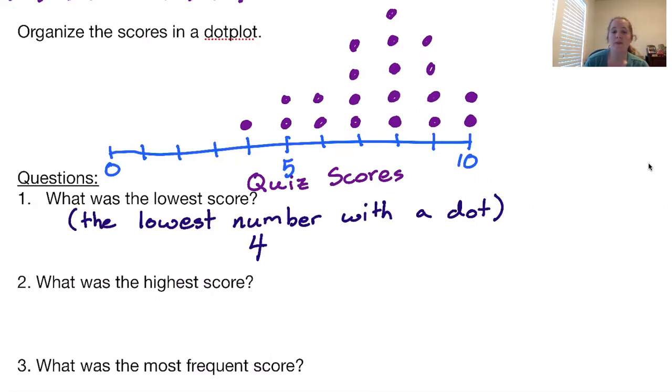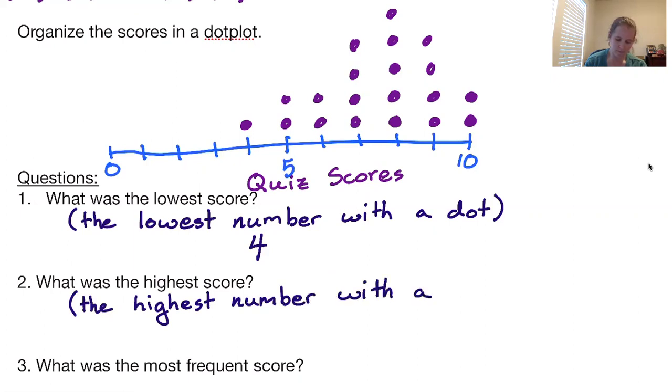Then we are asked what was the highest score. Here we are looking for the highest score that actually happened, the highest number with a dot. In this case, we had dots at 10, so we go with a 10.